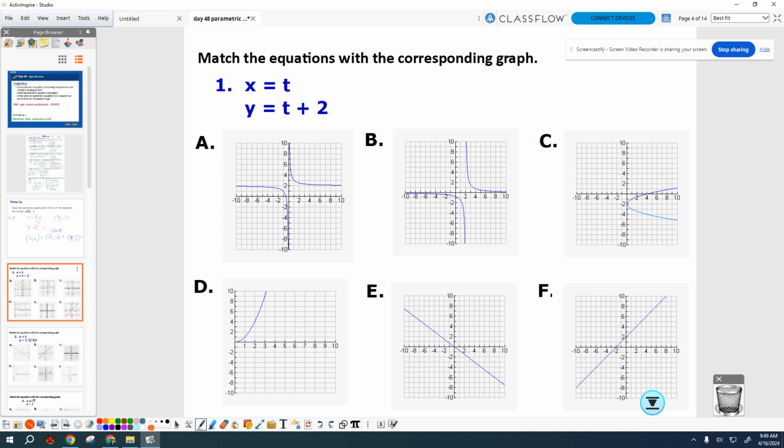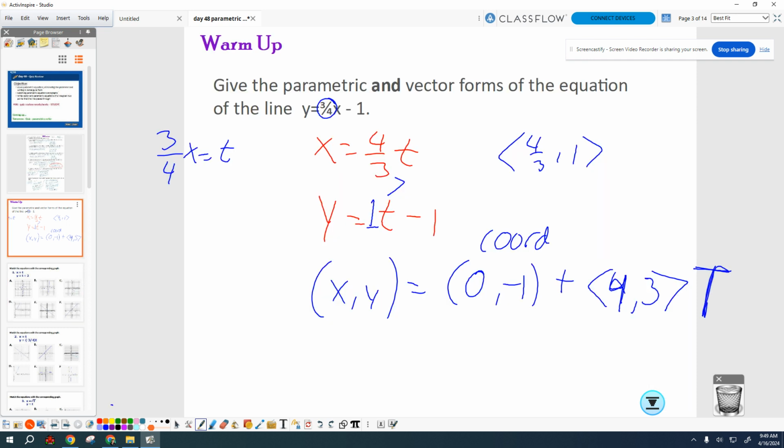Were you guys okay with the matching yesterday? We went over these. Yes. You might have to think about vectors and parametrics a little bit differently. We're trying to just get you to stretch some.